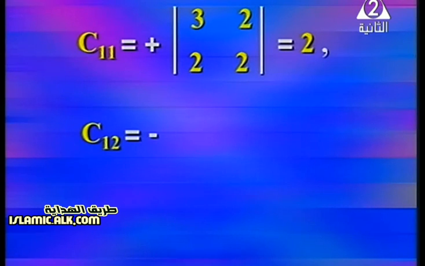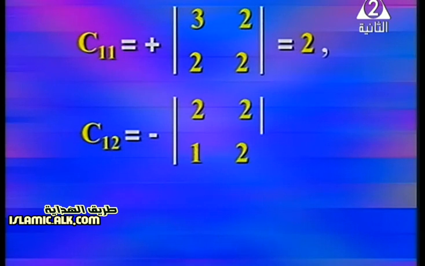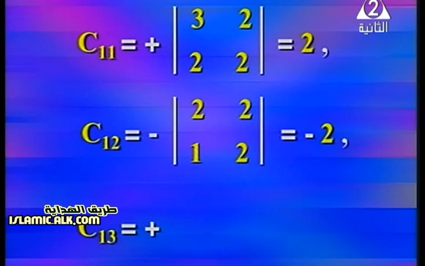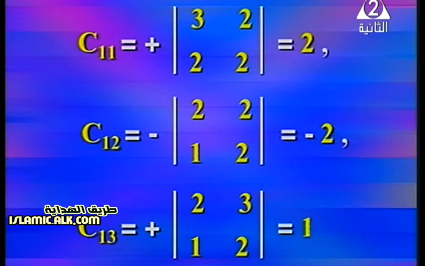C12 equals negative times the determinant 2, 2, 1, 2, which equals 4 minus 2, so C12 equals negative 2. C13 with the positive sign, determinant 2, 3, 1, 2, equals 4 minus 3, which equals 1. C11, C12, C13 are the cofactor elements of the first row.